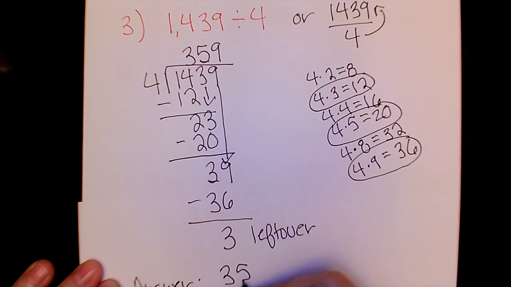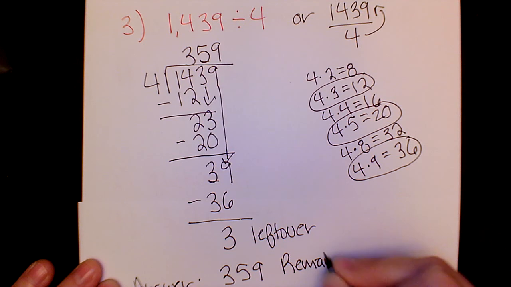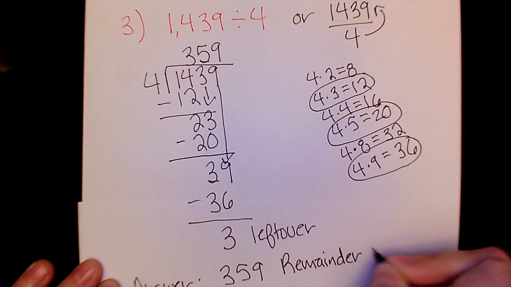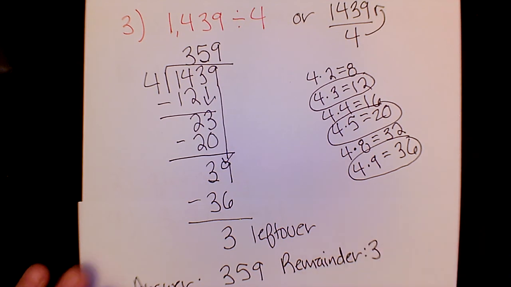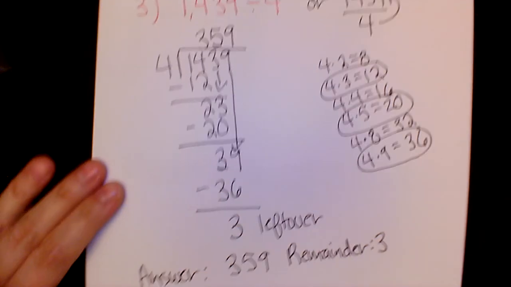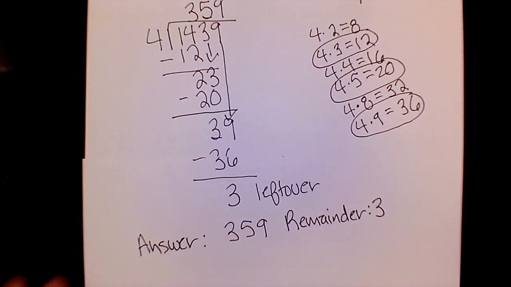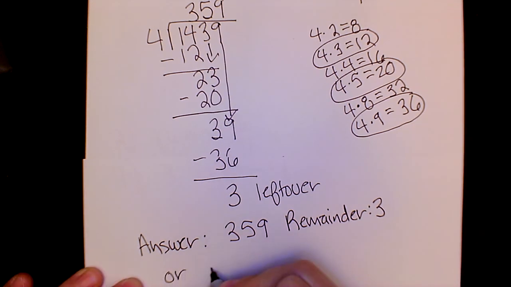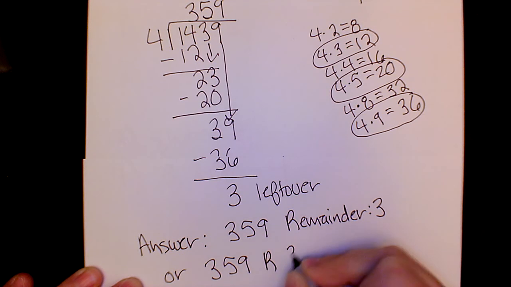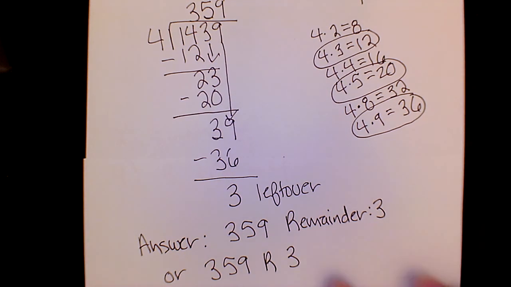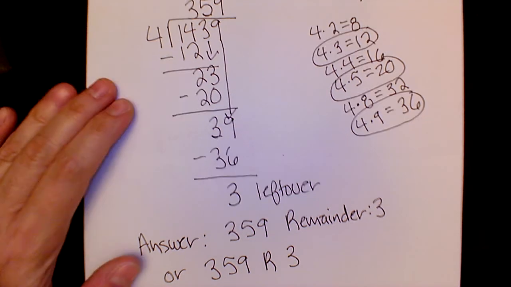We say our answer is 359, and what's left over we call the remainder. So we say our answer is 359, but we have a remainder of 3. Or a shorthand of that would be 359, big R, 3. I like this way better.